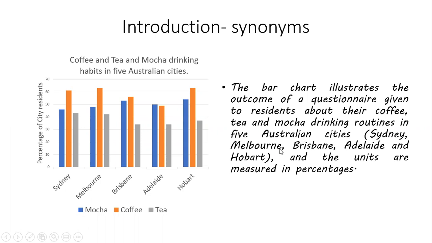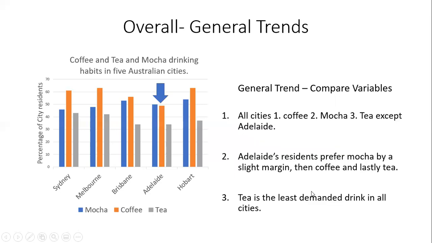Brackets, Sydney, Melbourne, Brisbane, Adelaide and Hobart, and the units are measured in percentages. So you can see from the y-axis it's in percentages. Okay, so that's our introduction done.